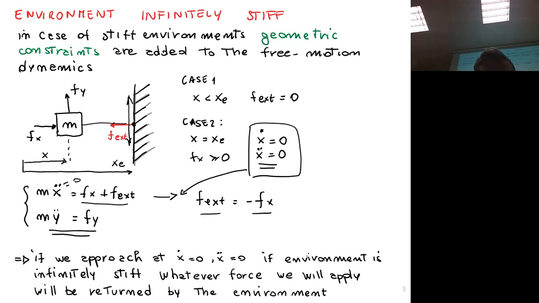But what happens if we approach the environment with a velocity which is non-zero? We have two situations. We can have, for example, an elastic impact. Let's say we approach the surface with non-zero velocity along the normal to the surface, and we hit the surface.